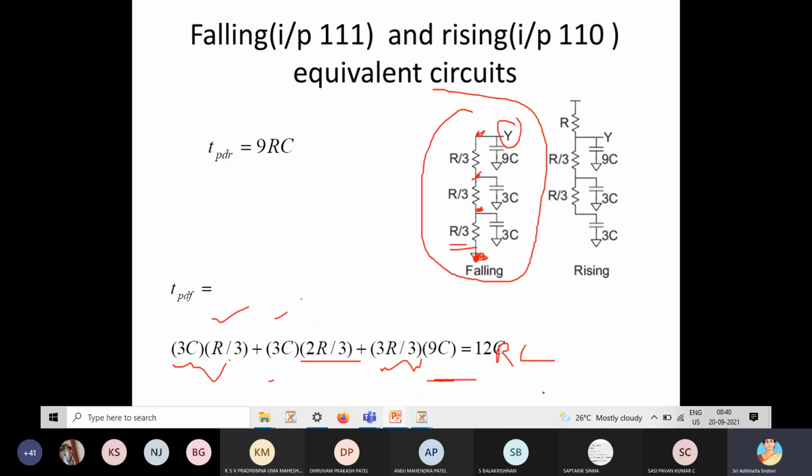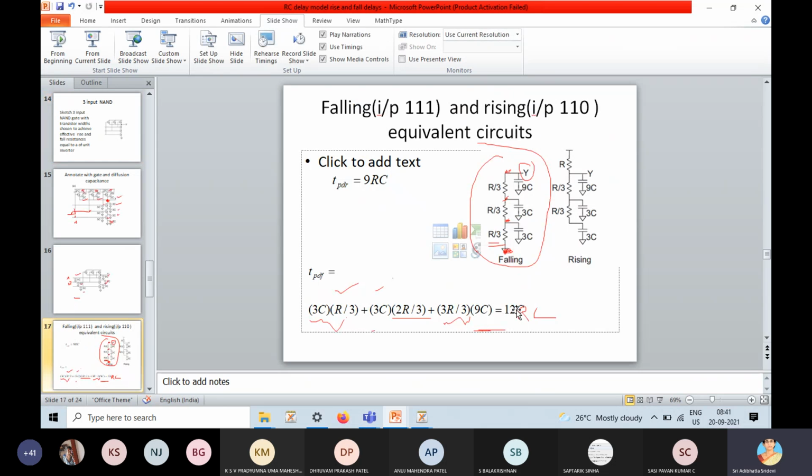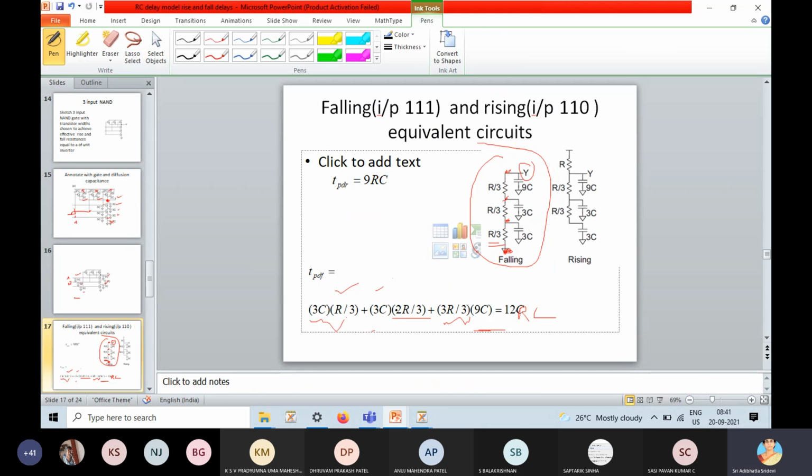So what is the falling delay of a 3-input NAND gate? It is 12RC. You just tell me if you do not understand this formula. Ma'am, why are we getting 12RC? You calculate it.